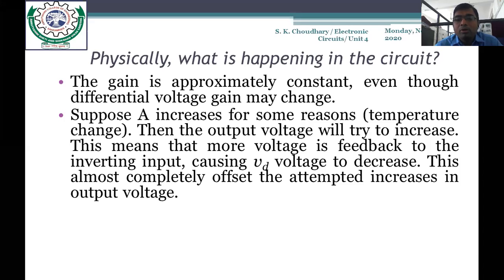Okay, if VD decreases, then what happens? It is a very important factor for deciding the output voltage V0. V0 is what? A into VD. So if VD decreases, V0 would again decrease. This is the cycle actually. So it completely offsets the attempted increase in the output voltage. Okay.